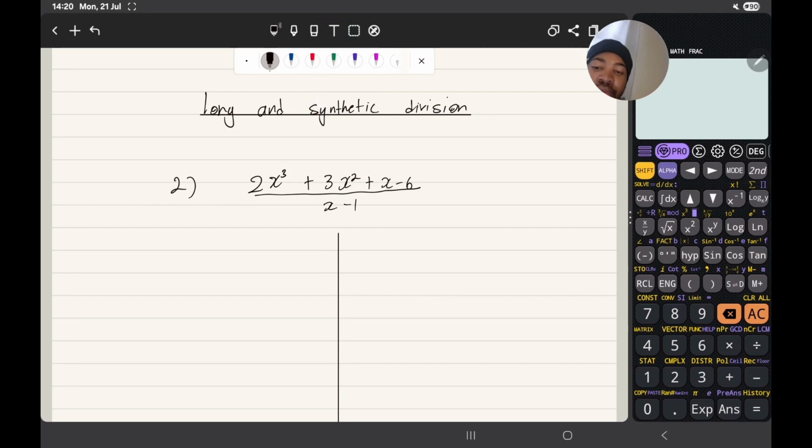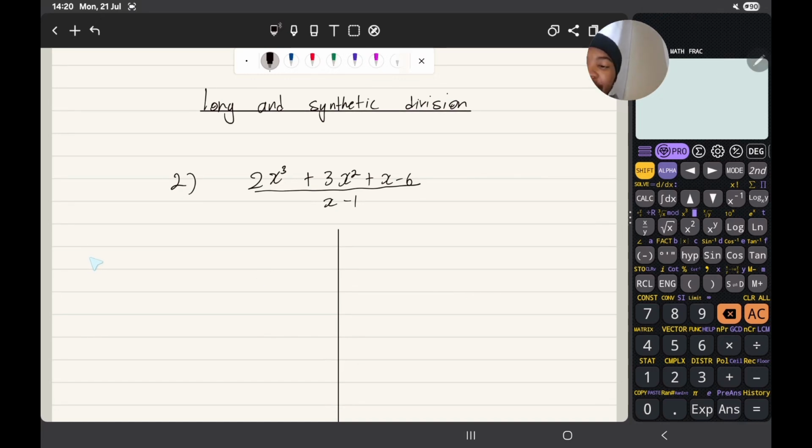All right, cool. So we have this gentleman here. What are we doing? Long division, then synthetic. So for long division, of course, you have your x minus 1, and then you have those.